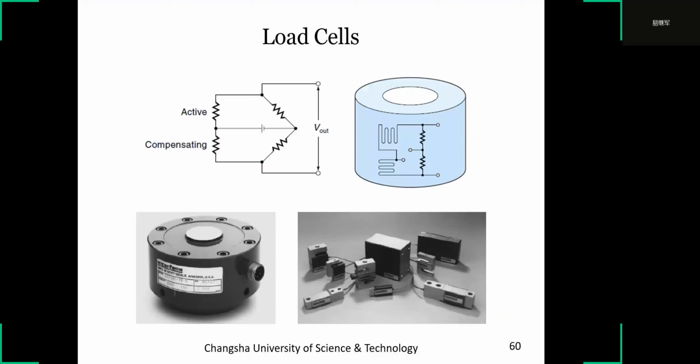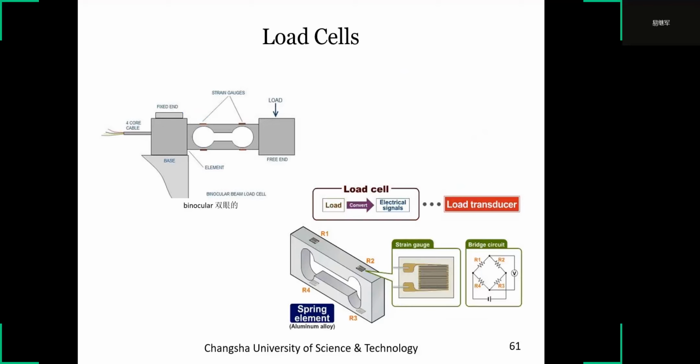Load cells. Load cells use the strain gauge to check the load. Push on the top. This is a binocular strain gauge.